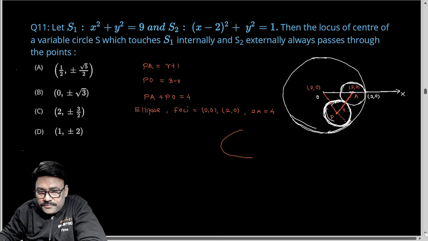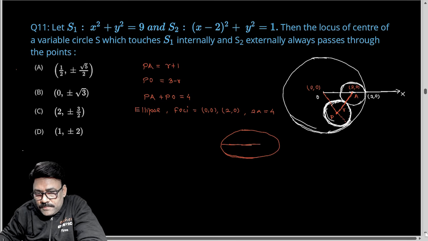Something like this. This is the locus of P. And the two foci of this ellipse are origin and (2, 0): one focus at origin, one focus at (2, 0). So obviously the center of this ellipse is (1, 0).